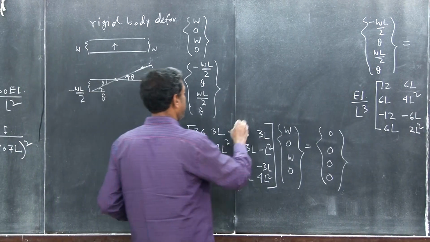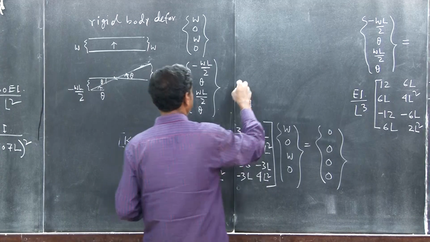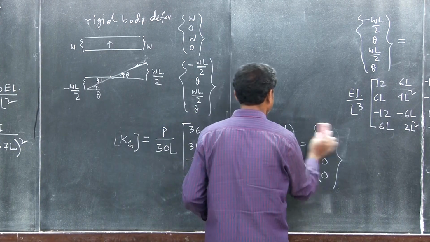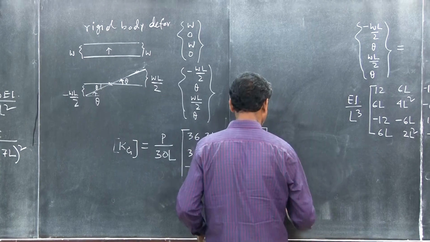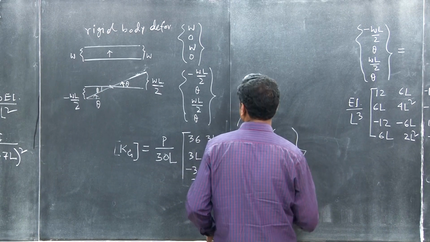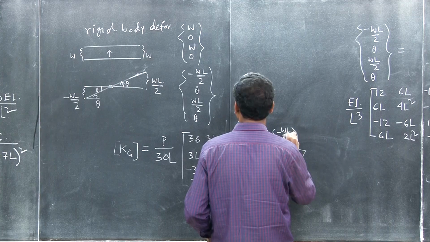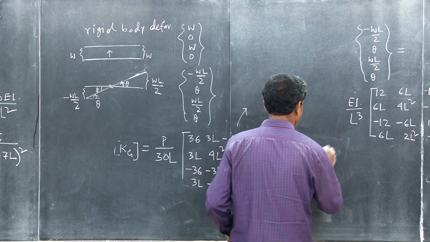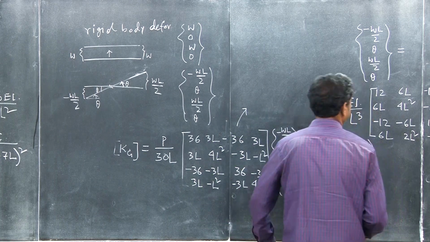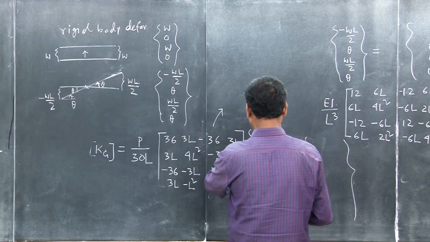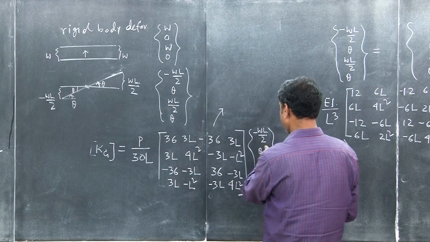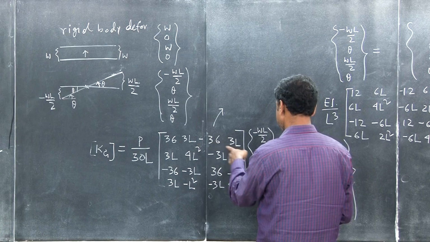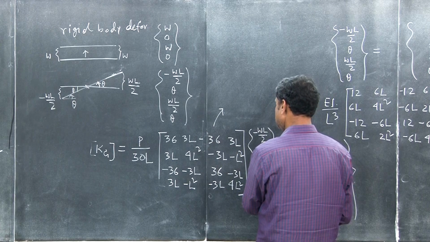Now, this geometric stiffness matrix, if it acts upon this one, then what is happening? Minus WL by 2 theta, WL by 2 theta, 36 minus WL by 2 3L theta, 36 WL by 2 3L theta.